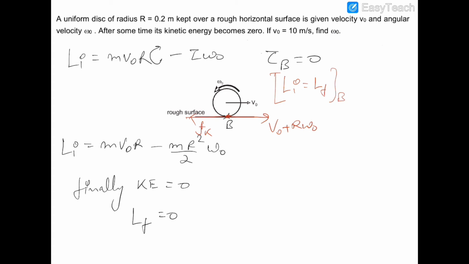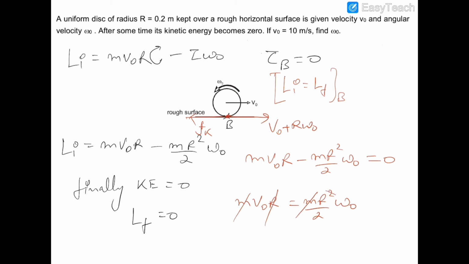So initial angular momentum is m v naught r minus m r square by 2 omega naught, and the final is 0. So if we equate them, then m v naught r will be equal to m r square by 2 into omega naught, and cancelling m with m, r with r, omega naught will be equal to 2 v naught by r.